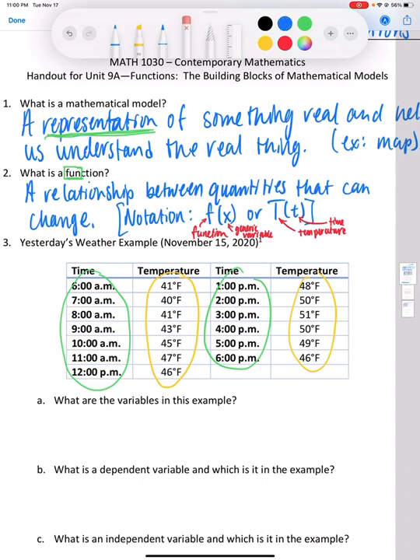All right, so next they want us to say, what are the variables in the example? Well, the variables are time and temperature. Those are the things that change.